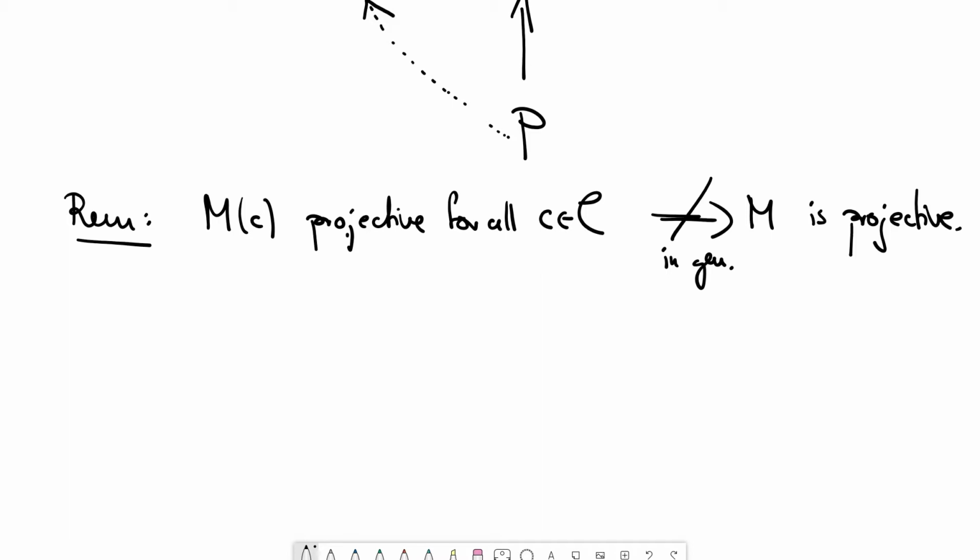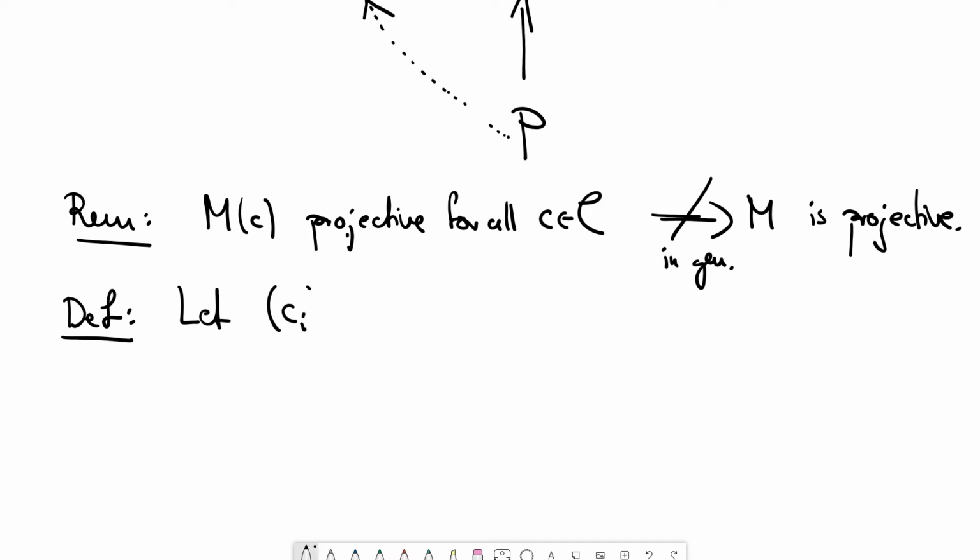So let me give you one example of a module that's projective, a module that's even what we would call free. We define this module, definition.